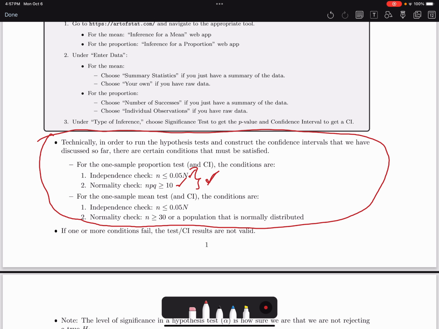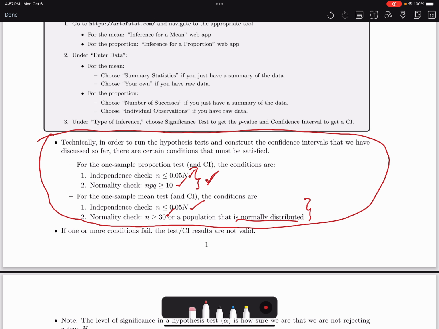For a one sample mean test, these are the conditions down here: again, your sample size has to be no more than 5% of your population size, and your sample size either has to be at least 30, or the sample has to come from a population that's normally distributed.